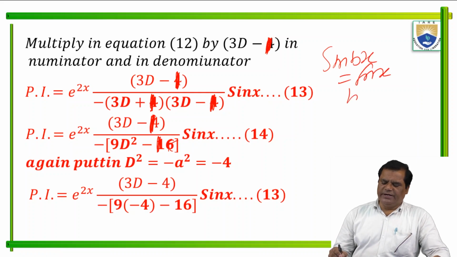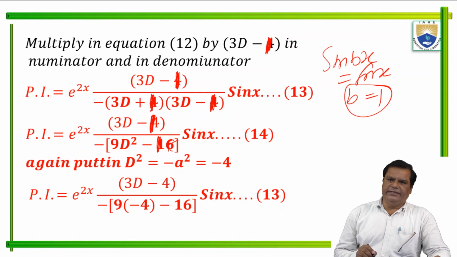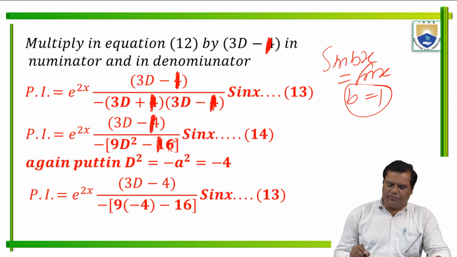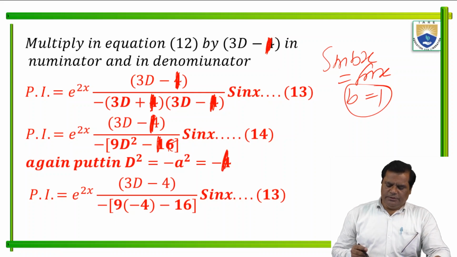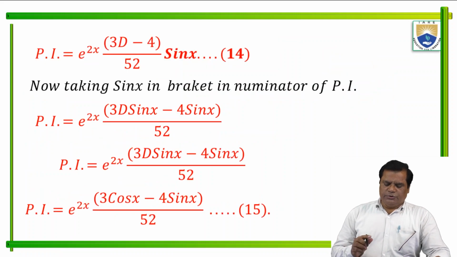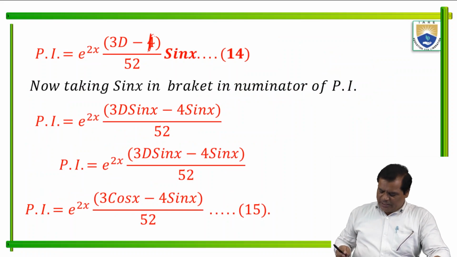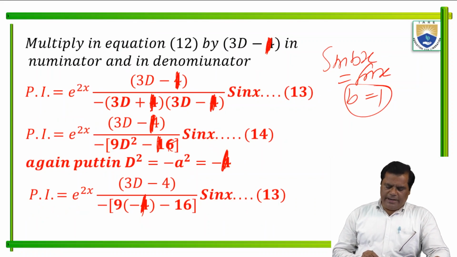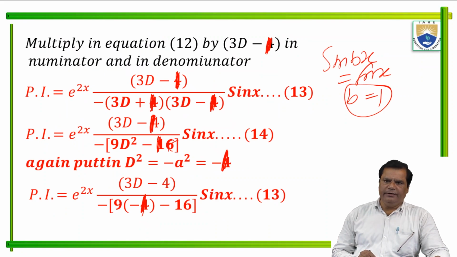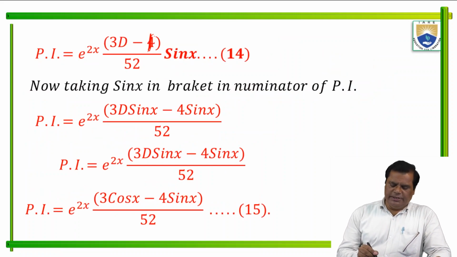So it is 9 times minus 1 minus 1, and 9 plus 16, that is 25. So we have 25 in the denominator.